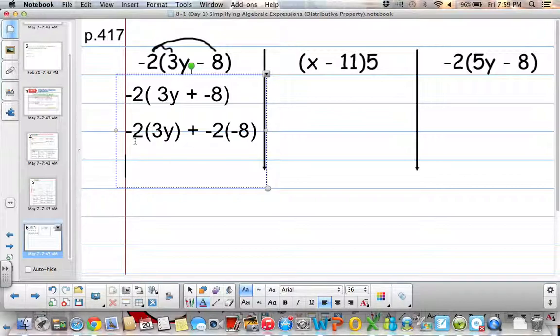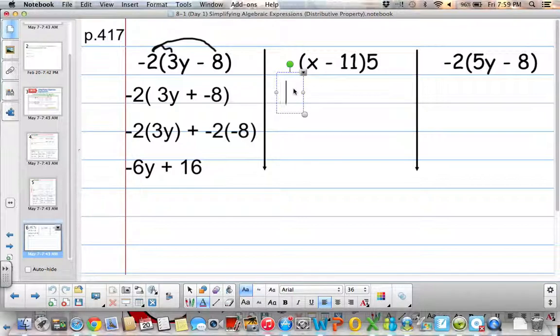So negative 2 times 3 is negative 6, and then we have our y's. So it's the same thing as going 3y times, if you think of it as a positive 2, 3y times 2 would be 3y plus 3y would be 6y, but since it's negative 2, then it makes it negative. Plus, and then we have negative 2 times negative 8 is positive 16, so we have negative 6y plus 16.